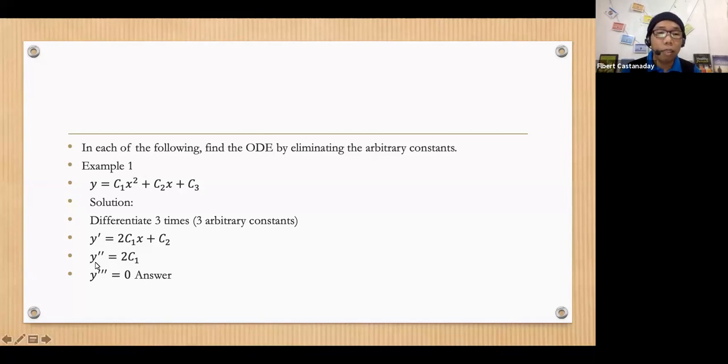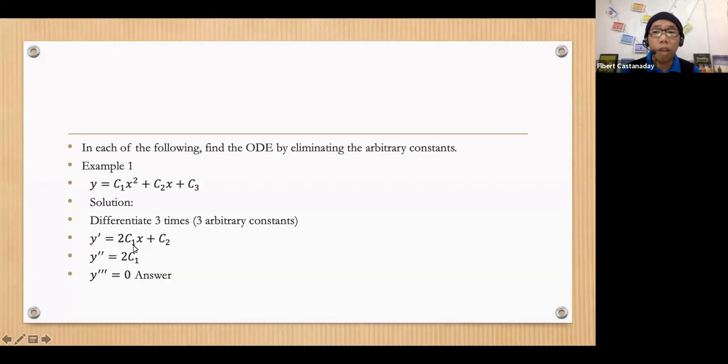But in this case, after differentiating the given equation for the second time, we were able to have this equation containing constants on the right-hand side of the equation. So it means that if you differentiate this one, it becomes 0. Derivative of a constant is 0. On the left-hand side, the derivative of y double prime is y triple prime.